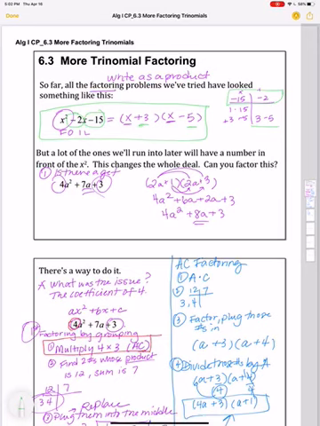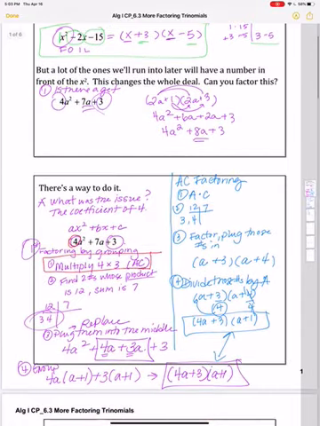Then we got to problems where they started with not just 1x squared like this one, or 1a squared or 1b squared, but they start with a number. And so the first thing you always hope for is that it's a GCF. In this case, it wasn't. And so this is where we followed these steps, which you can see I have written in here.